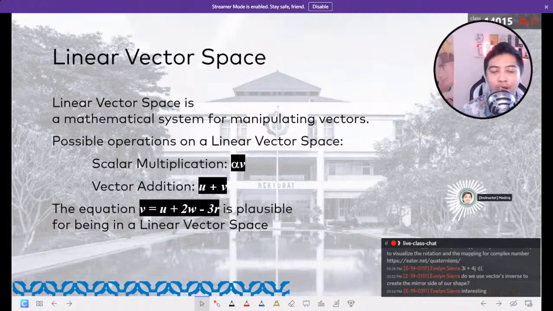So no matter how many suku bilangan you put in here, as long as it's simply plus or minus, we can say that this is basically some linear vector space. Something that sits or resides in linear vector space.